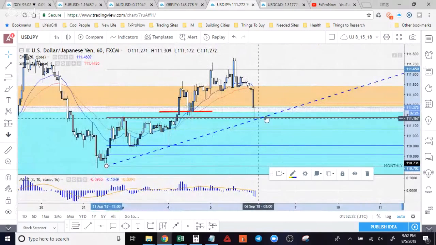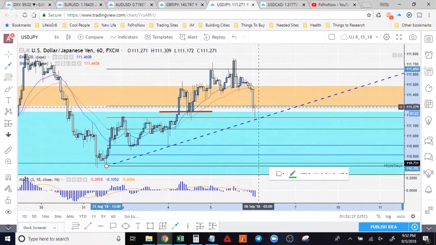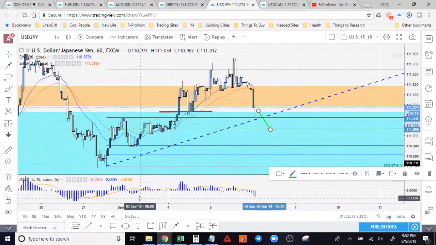But the thing is, again, we got to look for price to, if anything, push down to some area. It's already at 38.2, so let's say it goes to 61.8, right?